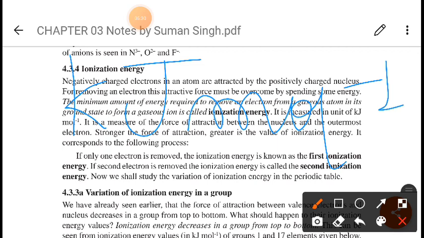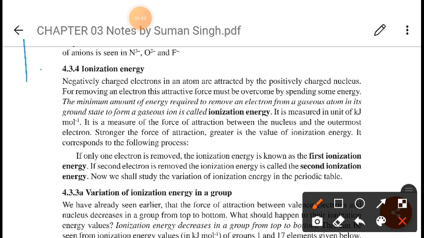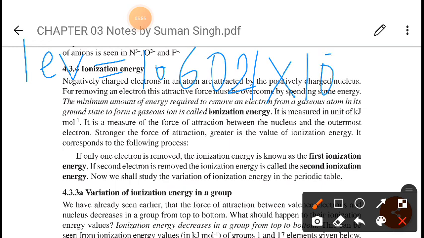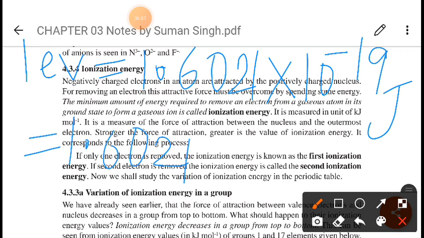So we can write 1 electron volt is equal to 1.6021 × 10^-19 joule, or we can write it as 1.6021 × 10^-22 kilojoule. We can express electron volt like this. So this was about the ionization potential.